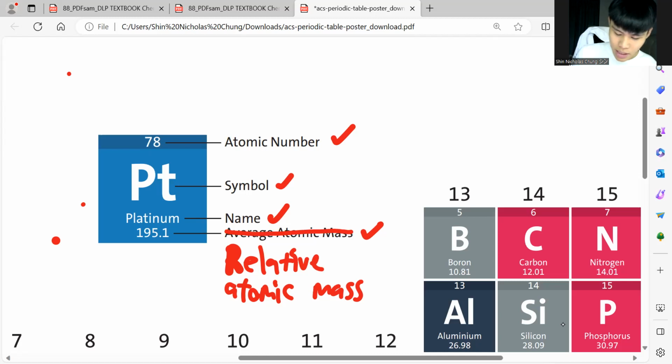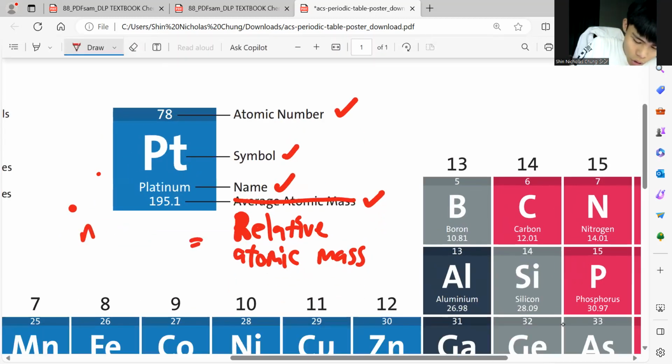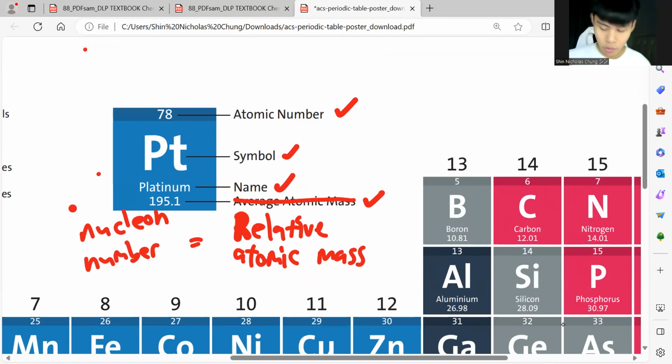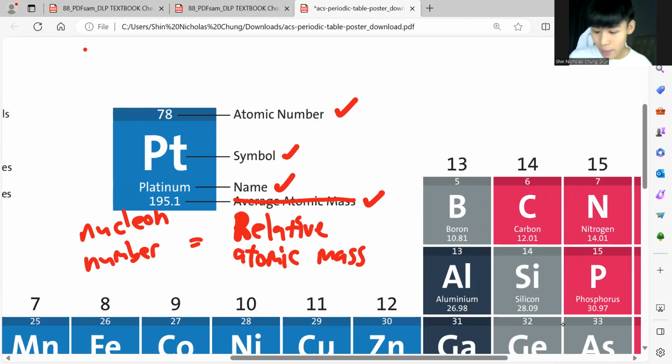Relative atomic mass is actually equal to your nucleon number. So relative atomic mass or nucleon number is the total mass, you can say that way.